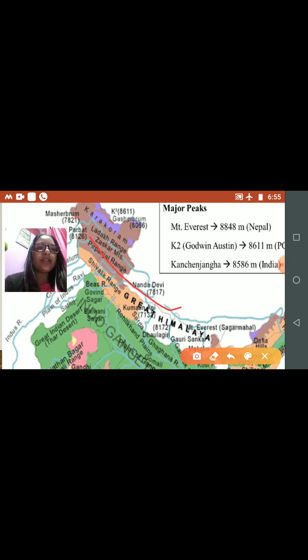The total length of the range is close to 2300 kilometers, and the average height of the range is 6100 meters. Some of the peaks are Mount Everest.